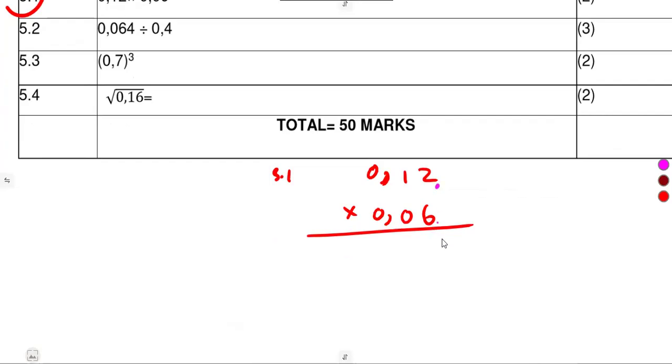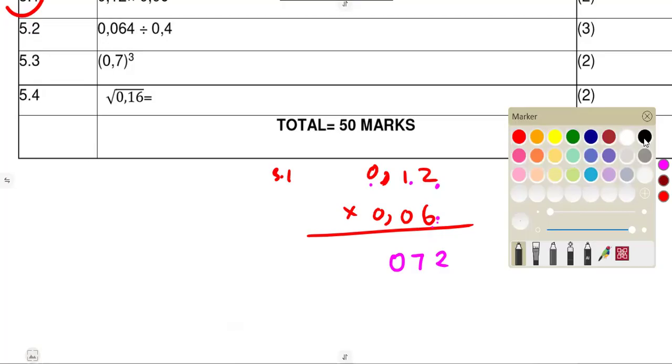6 times 2, which is what? Which is 12. We put the 1 aside. 6 times 1, that's a 6. Plus this one, we must add that one. So 6 plus 1 is going to be a 7. 6 times this 0 here, that's a 0. All right, there's nothing there. So how many decimal places are we supposed to have?